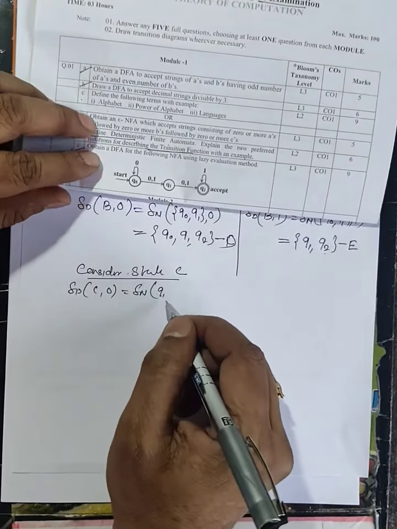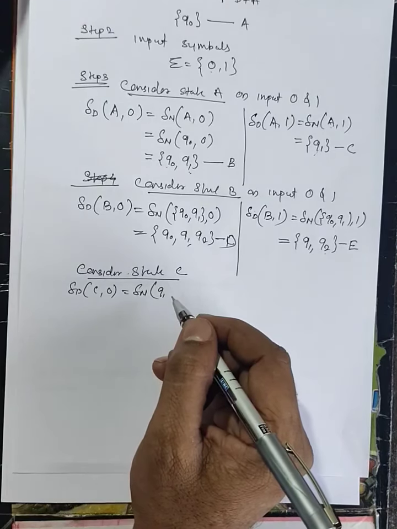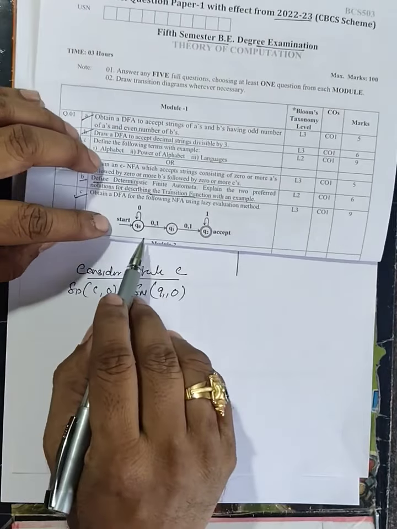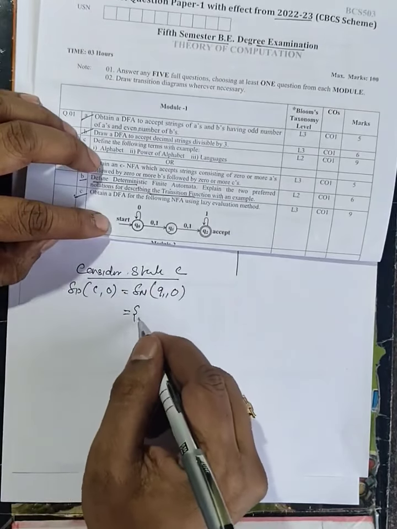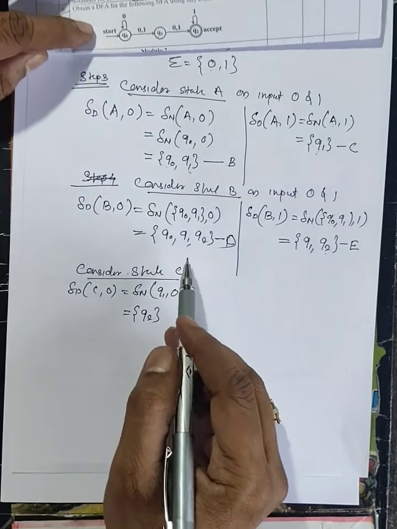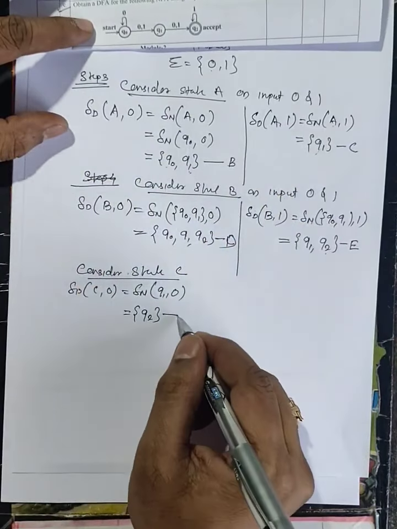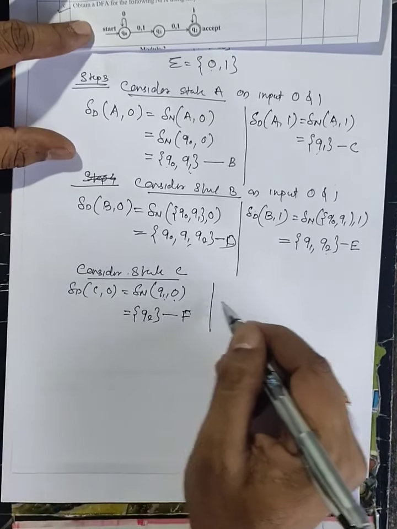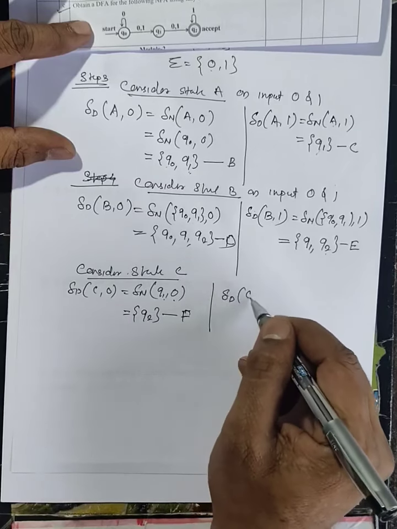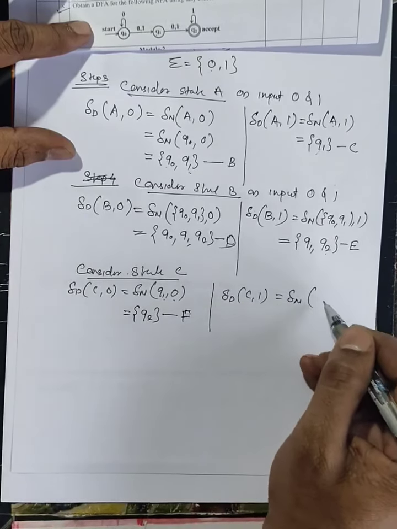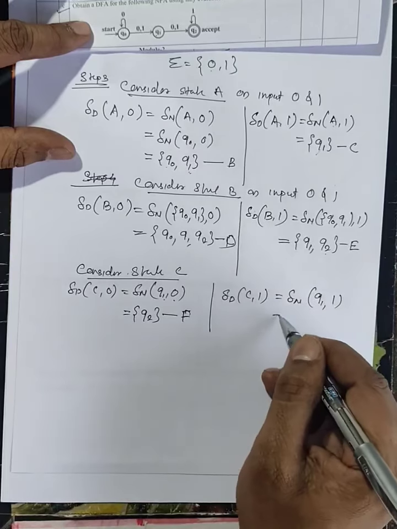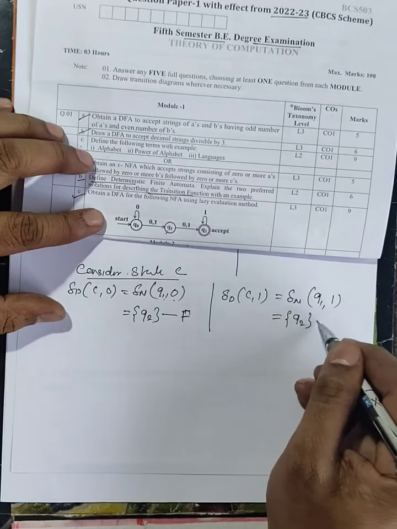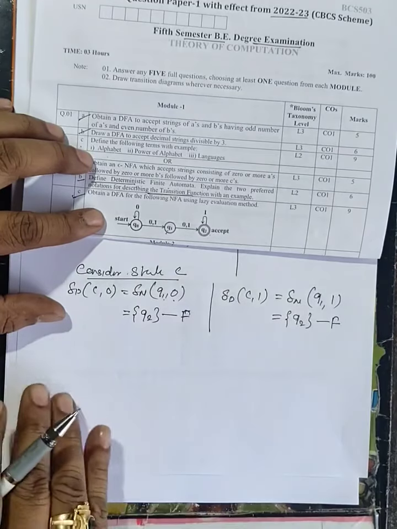Q1 on 0 gives Q2, and this is Q2. Is Q2 there within this? No, this is a new state. Assign this as capital F. Next, C on 1: same as Q1 on 1, which gives Q2. The next state is Q2, which is repeated. For this you can assign F.